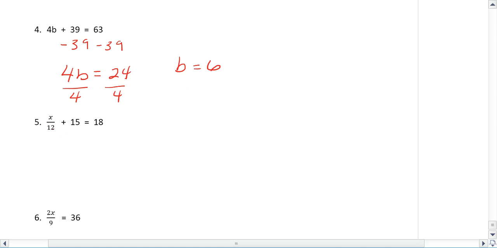Here we're dividing by 12 and adding 15, so we start by subtracting 15 from both sides. We get x over 12 equals 3. Then we multiply both sides by 12 to get x equals 36.